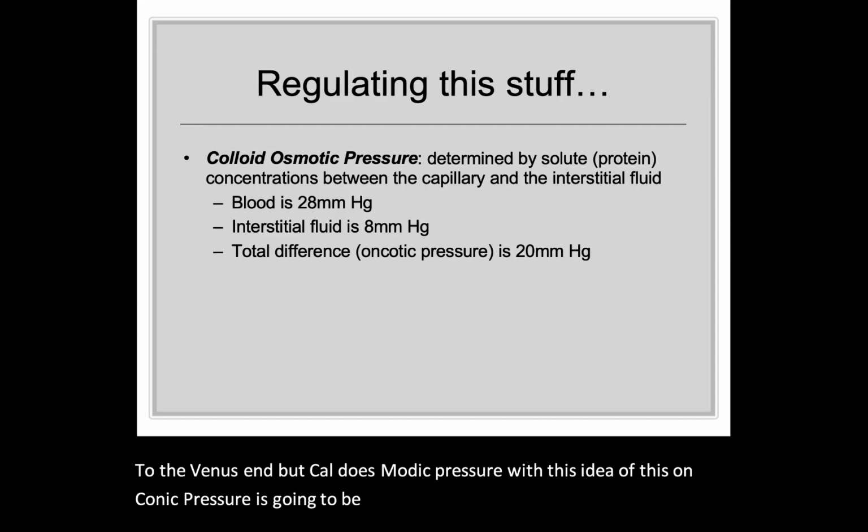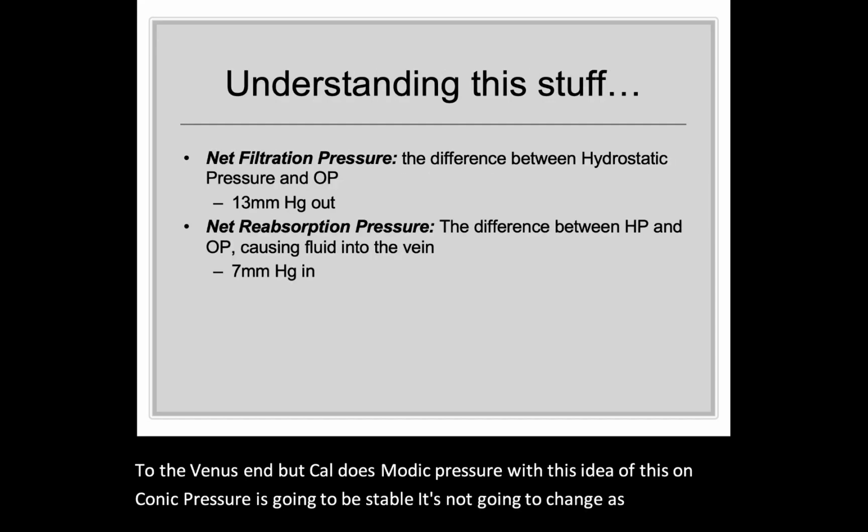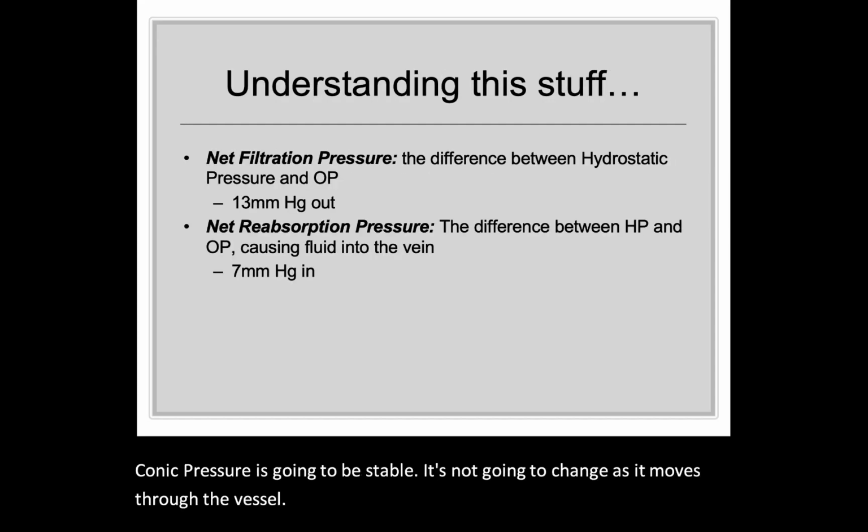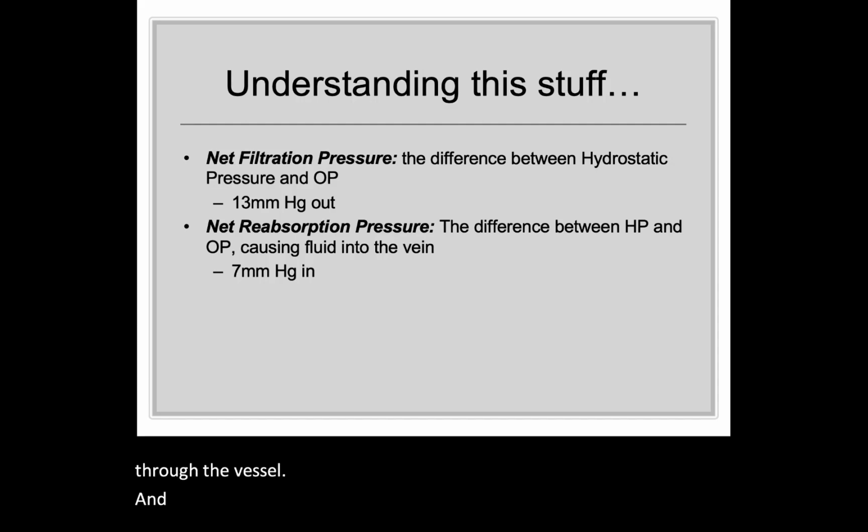It's not going to change as it moves through the vessel. And so, using the oncotic pressure as well as the hydrostatic pressure, we can then start looking at rates of filtration and absorption.